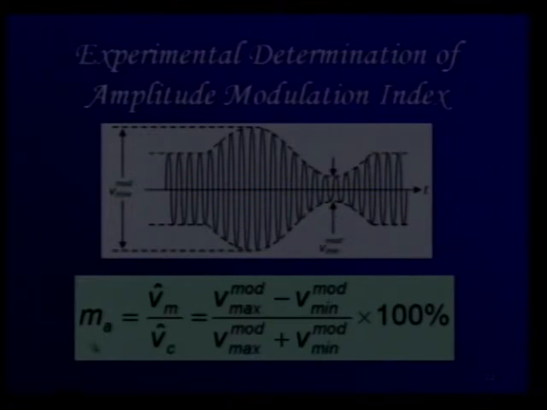Then Ma can be expressed as Vc mod max minus Vc mod min upon Vc mod max plus Vc mod min into 100, because normally modulation index is expressed in percentage.